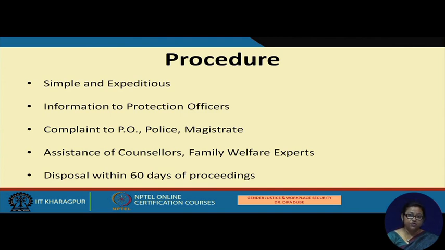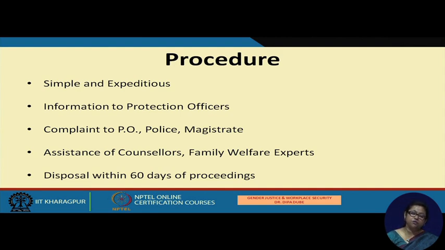In each district there are a number of protection officers. It is their responsibility, if any information comes to them, to see that necessary help is given to the woman, and to file the domestic incident report before the magistrate.